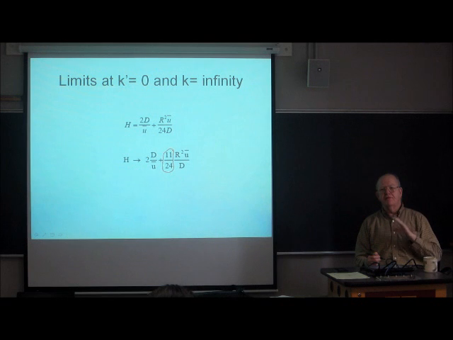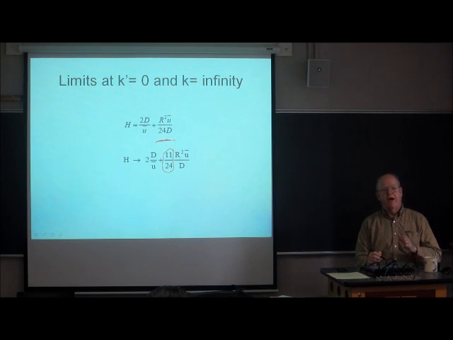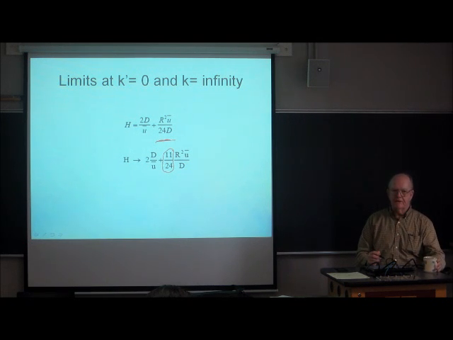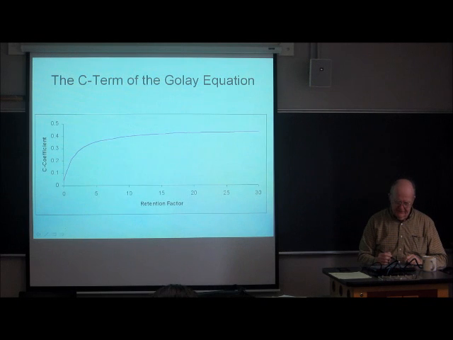So there's an 11-fold increase in this contribution to the HETP as K prime gets bigger and bigger. And that means above K prime of, let's say, 20, there's not much further change. You're already at the limit of the second term, the C term, versus retention factor.